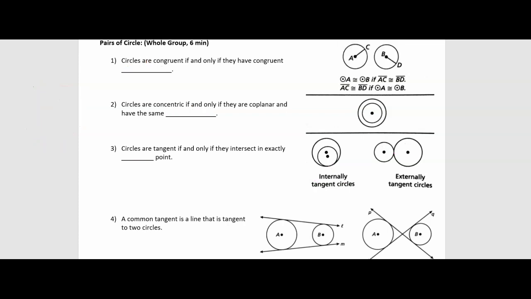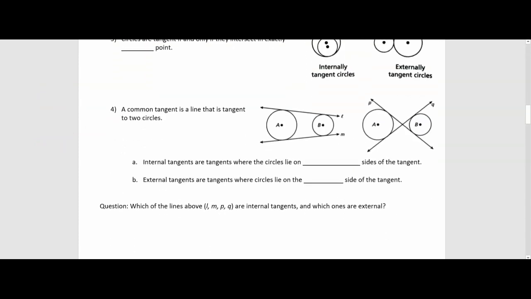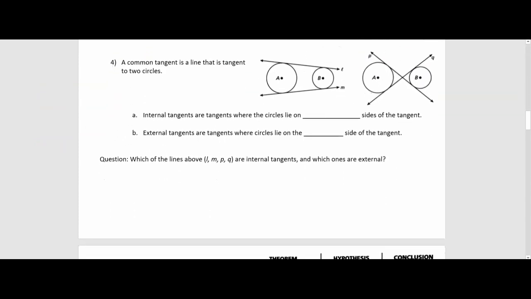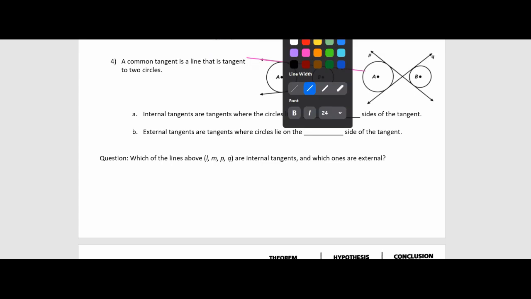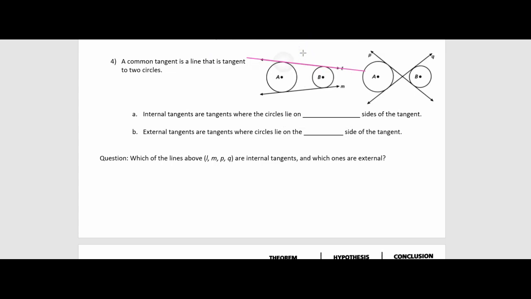Number 4, a common tangent is a line that is tangent to two circles. So if we just take line L here, right, line L is tangent to both circle A as well as circle B. That's what they mean by common tangent. Now, you can have tangents that are called internal tangents.